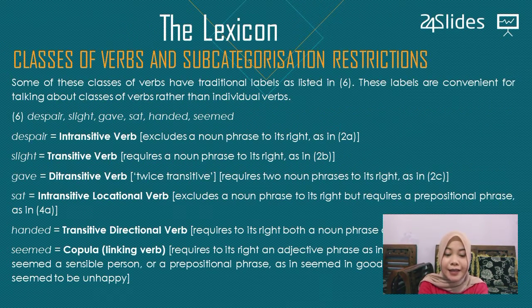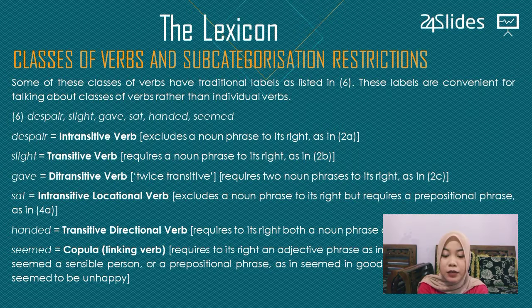Okay, next is classes of verbs and subcategorization restrictions. Some of these classes of verbs have traditional labels as listed in 6. These labels are convenient for talking about classes of verbs rather than individual verbs. The first, despairs.